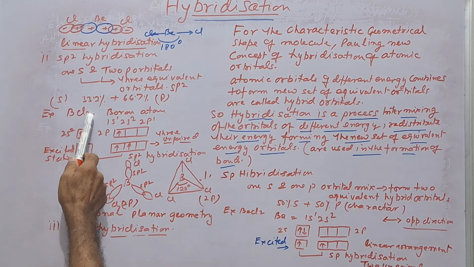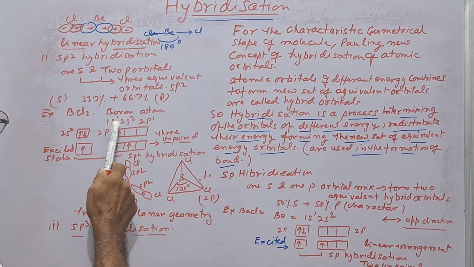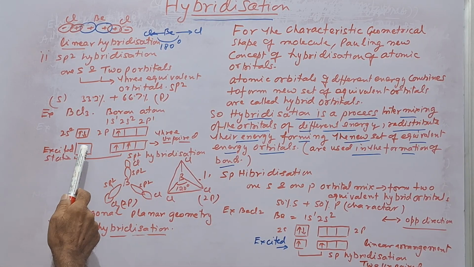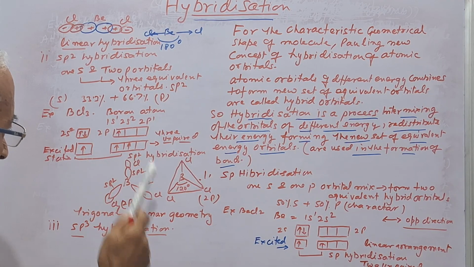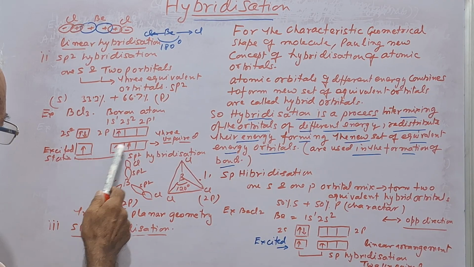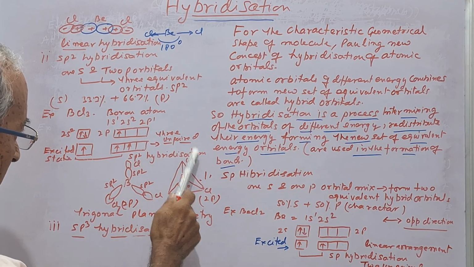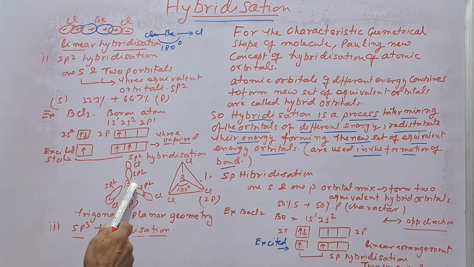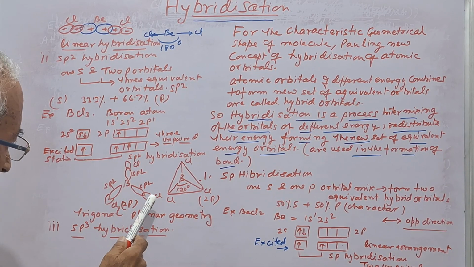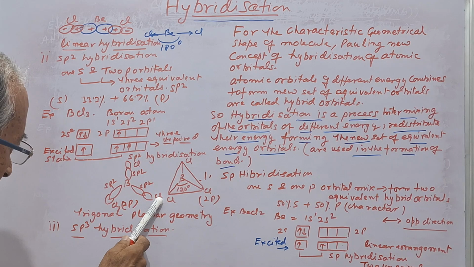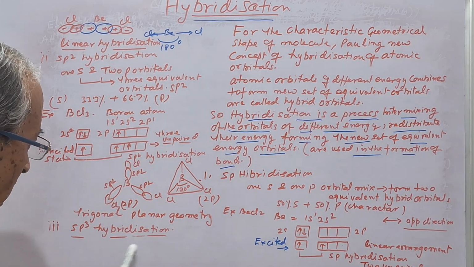In the case of boron chloride, in the excited state one of the electrons of the 2s is promoted to the p, and these 3 unpaired electrons hybridize to form sp2 hybridization. These 3 hybridized orbitals overlap with the p orbitals of the three chlorines, and it forms a trigonal planar geometry.